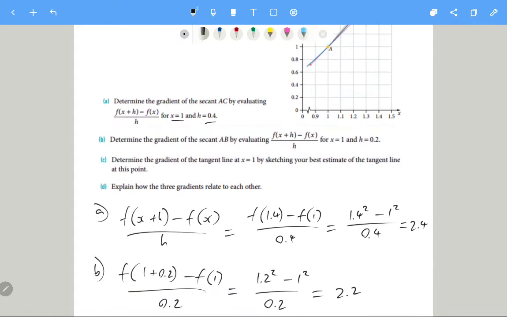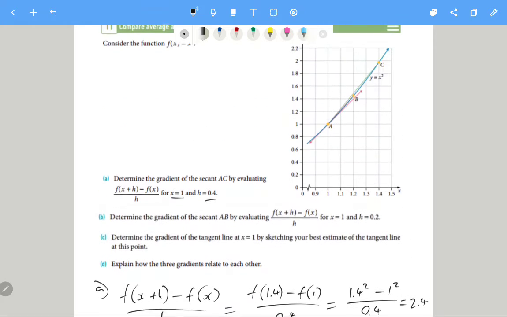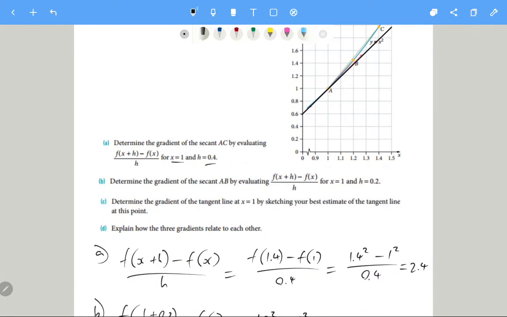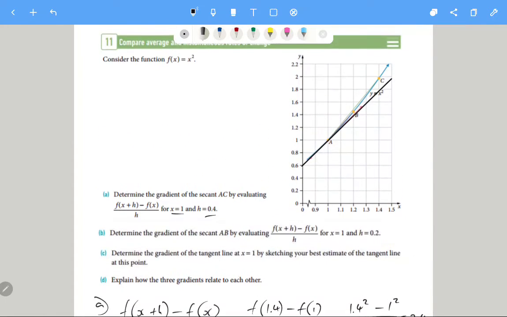But now let's have a look at part C, which determines the gradient of the tangent. So we need to draw in our tangent line, which to my eye looks about right there. And there we're going to work out the gradient of this tangent line. So we were using secants before, but let's use it. So we've got 1, 1, which is our first point, and this is another easy point to read off. So 1.3, 1.6.